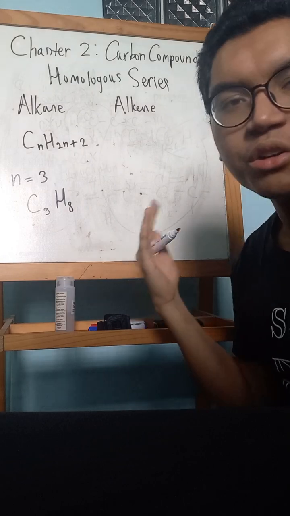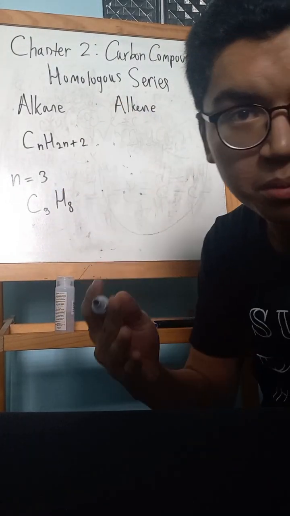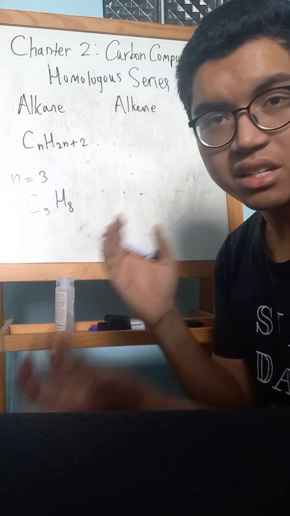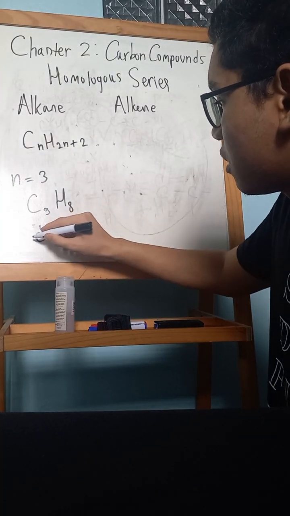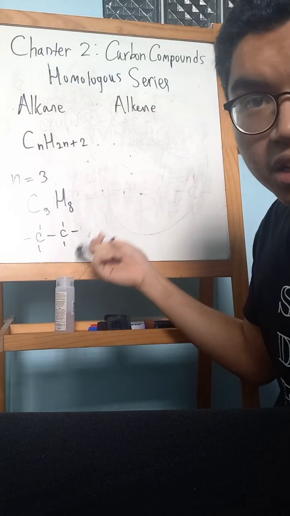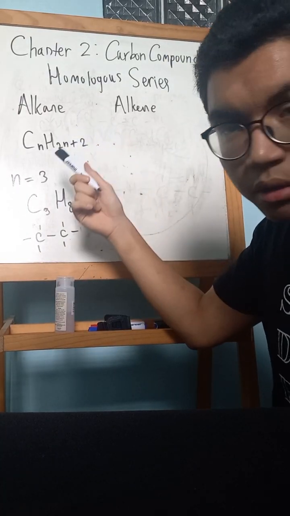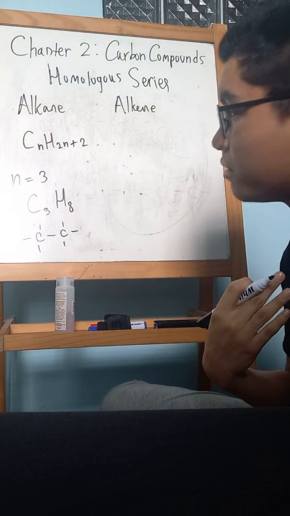Okay, before I go on to alkene, I'll just explain what alkane is. Alkane, single bonds. All carbon bonds have single bonds, like a saturated hydrocarbon. That's alkane. Okay. Just ask me if you don't get it.